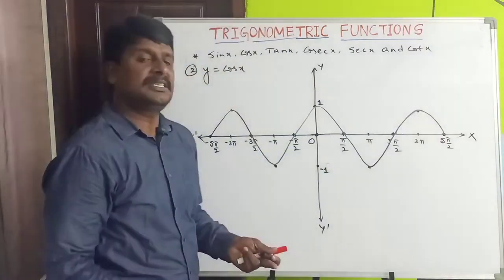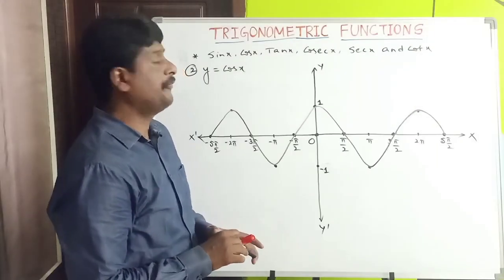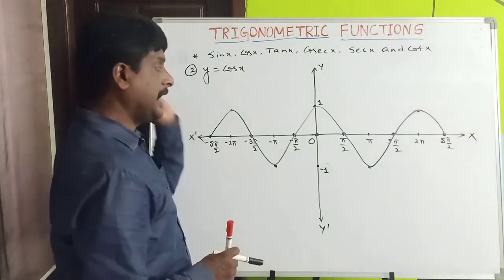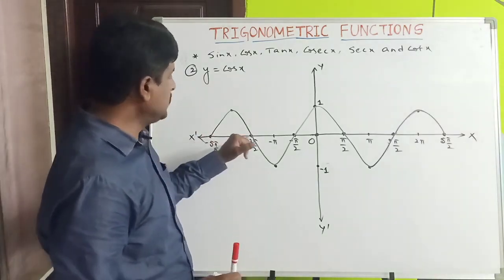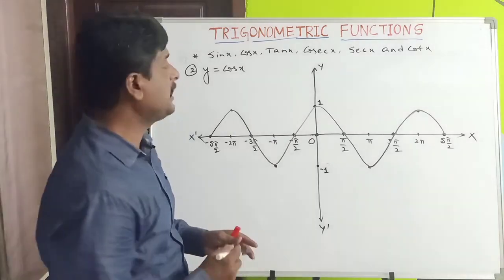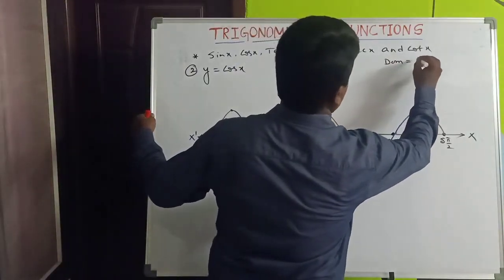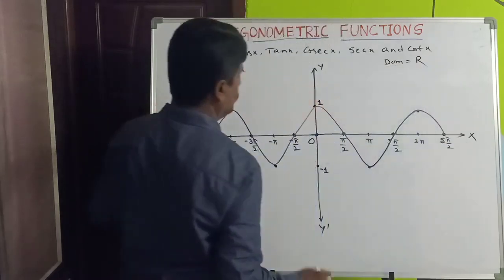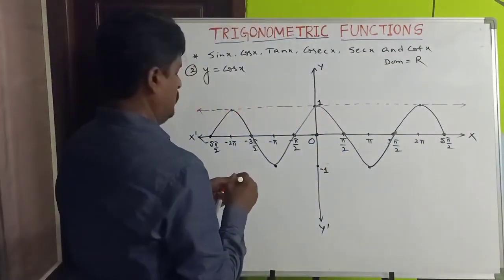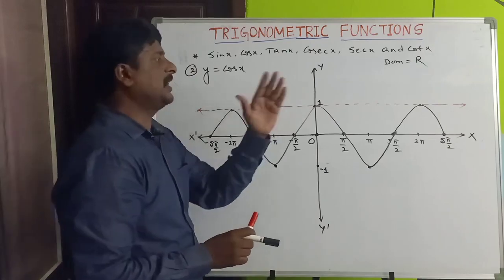Okay, this is the graph of cos x, and you see it is defined everywhere, for all real values of x. That's why its domain is also R. So observe the range of the graph.